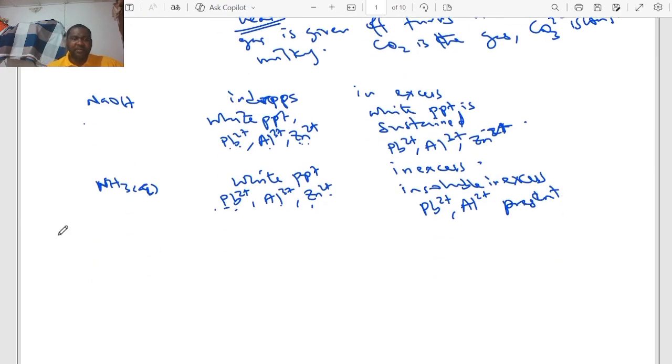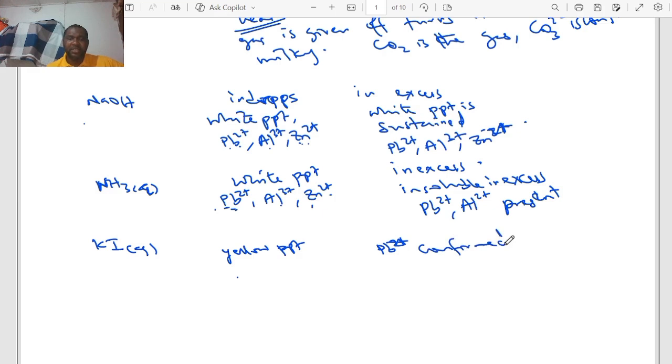Now if I add aqueous potassium iodide, because we are expecting lead, we are going to get a yellow precipitate. This yellow precipitate will confirm the presence of lead ion. So lead 2+ ion is confirmed.